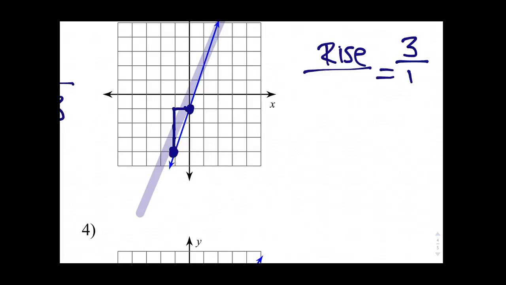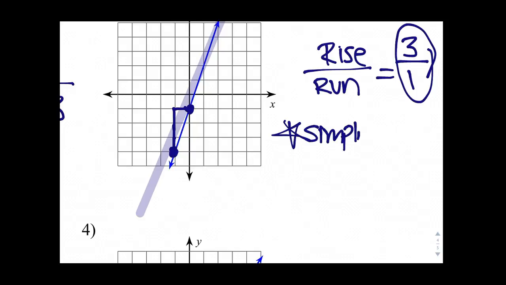Then I go to the right 1. That was my run. Okay. Now, lots of teachers will mark you incorrect for this as your slope because they want to see it simplified. This simplified would be 3. Okay.